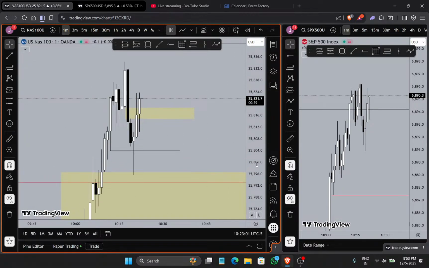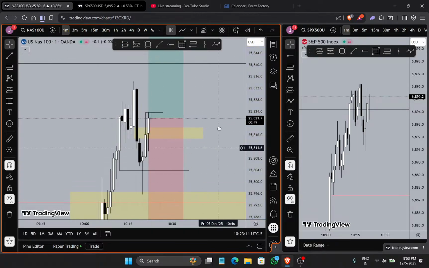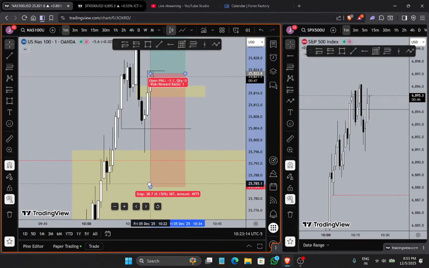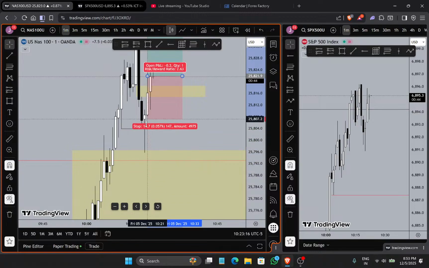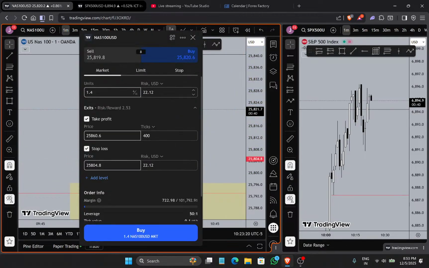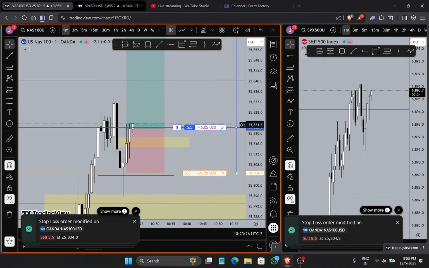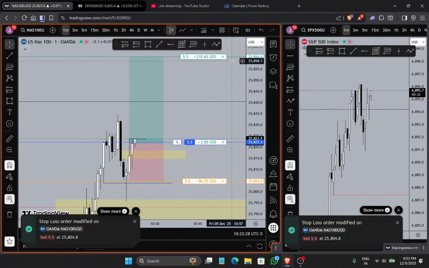I don't know whether I should take this or not. I am not interested to take this trade. So let's say even though we get this inversion here, look at this close. I don't like this close. Maybe we can take this on our demo trade, only demo trades. Okay, you're seeing 100 and buy. Let's see how it plays.